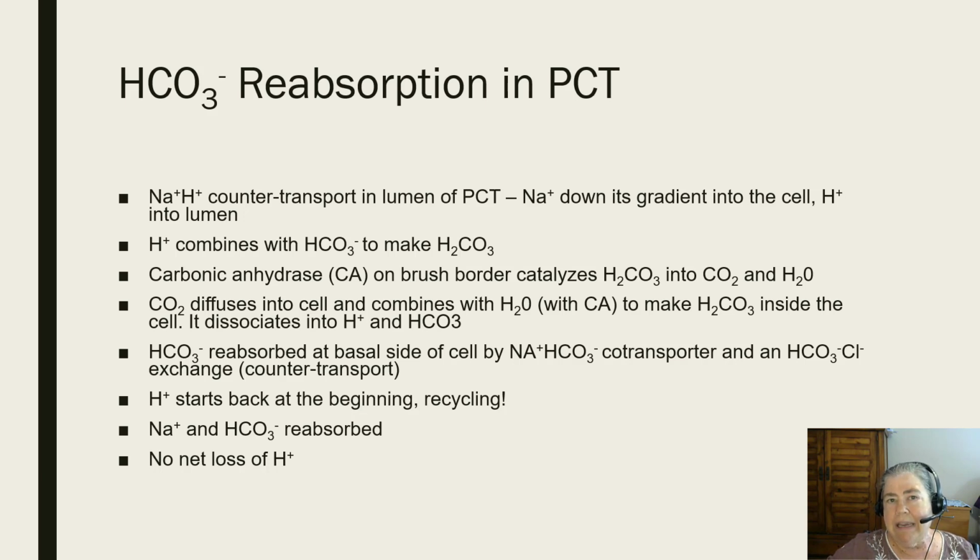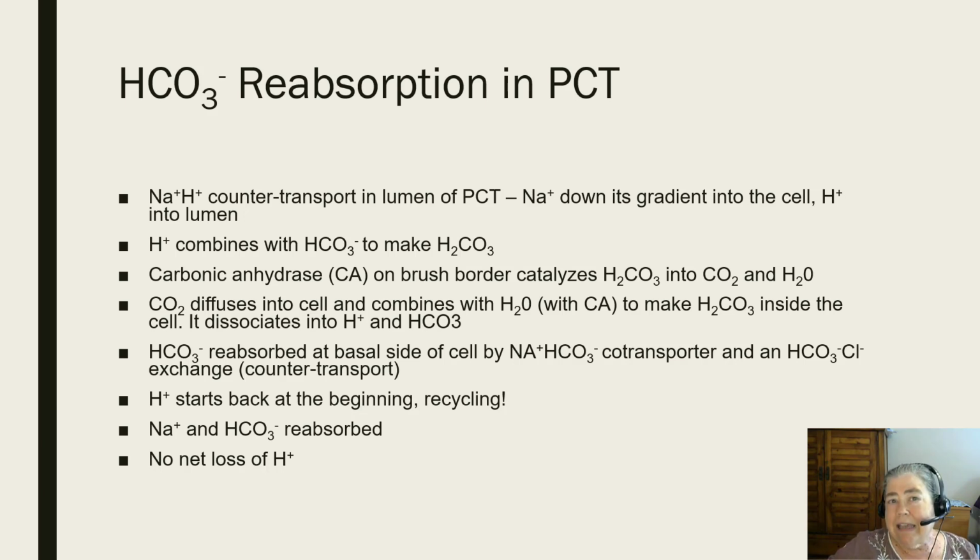Sodium moves into the cell down its concentration gradient, and hydrogen moves into the lumen where it combines with the bicarb under the action of carbonic anhydrase on those villi on the brush border to make carbonic acid, which then dissociates into carbon dioxide and water.